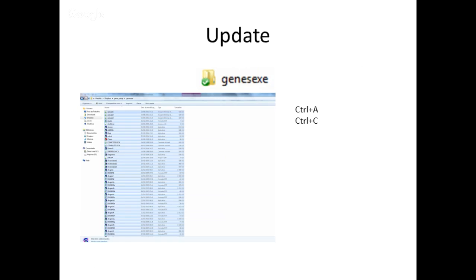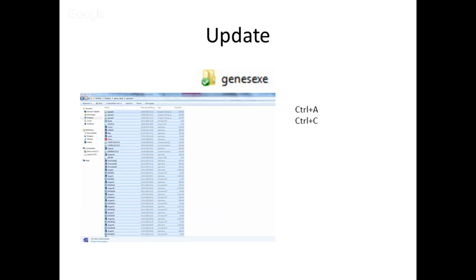If you download the last version of Genius X, which is updated regularly on our Facebook page, or I put it here. If you download a new version and you have an old version, you just open it. You can press Ctrl A to select all, Ctrl C to copy all, and you go in your older folder of Genius X, copy and make a substitution of all the files that are inside it, and you got the new version.